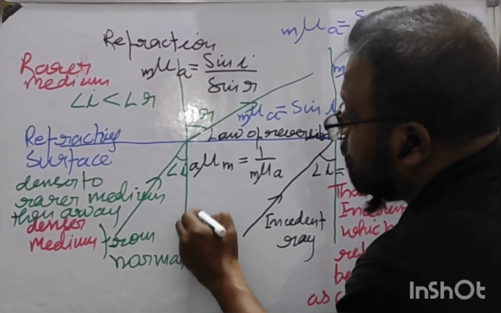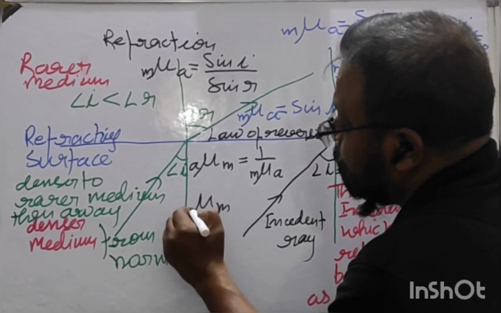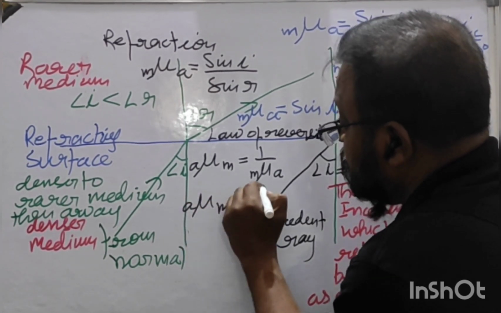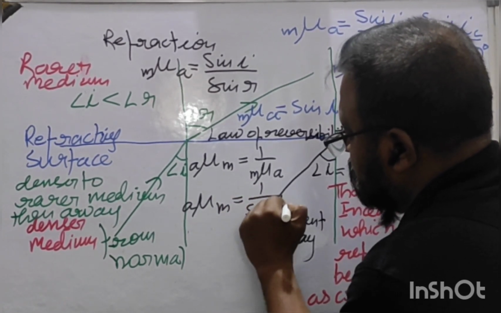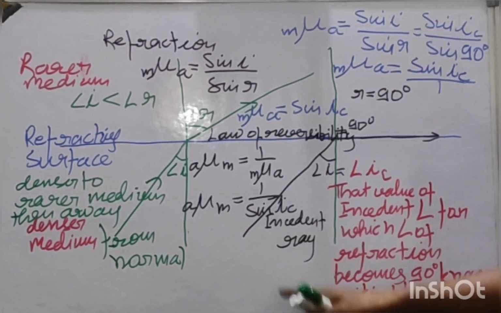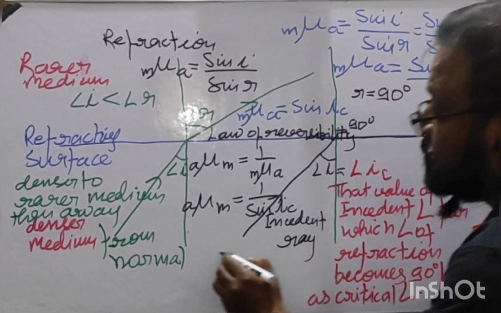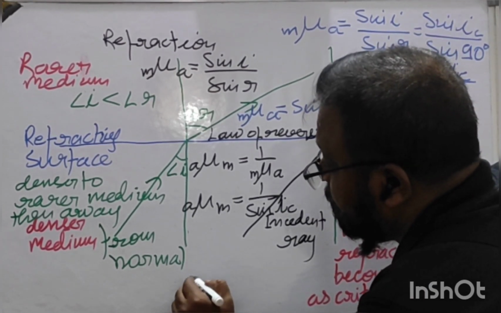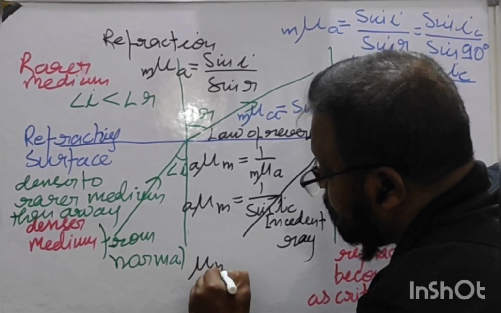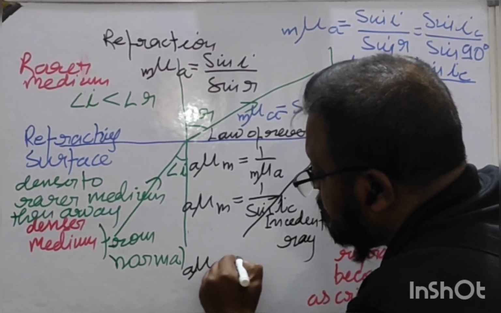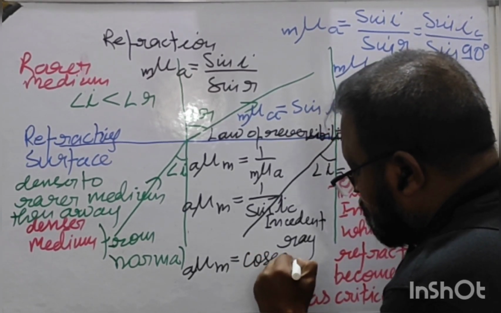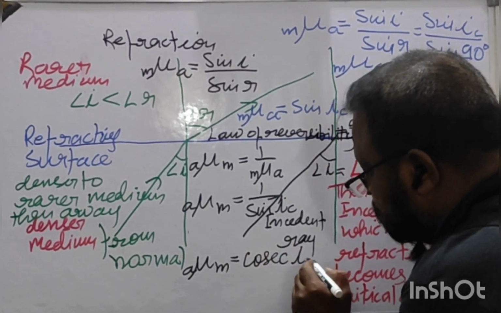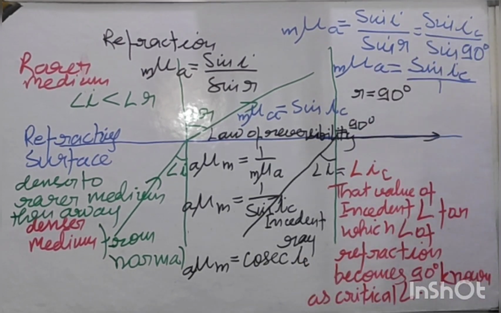So refractive index of medium with reference to air is equal to 1 upon sin IC, which means cosec IC, where IC means critical angle, right?